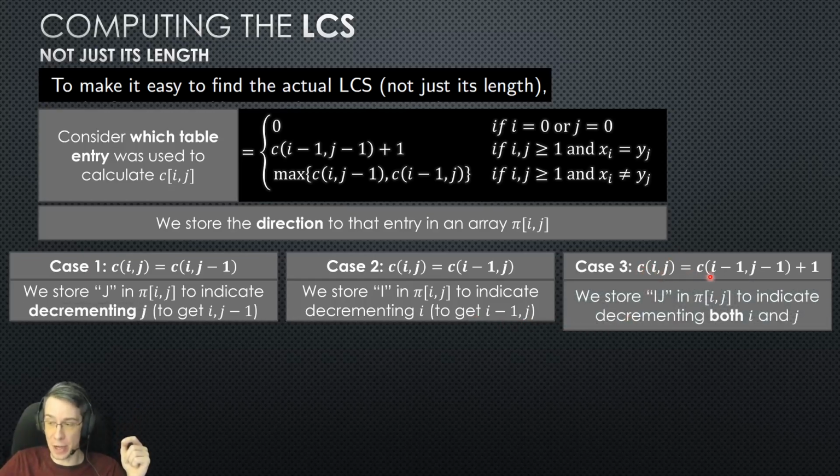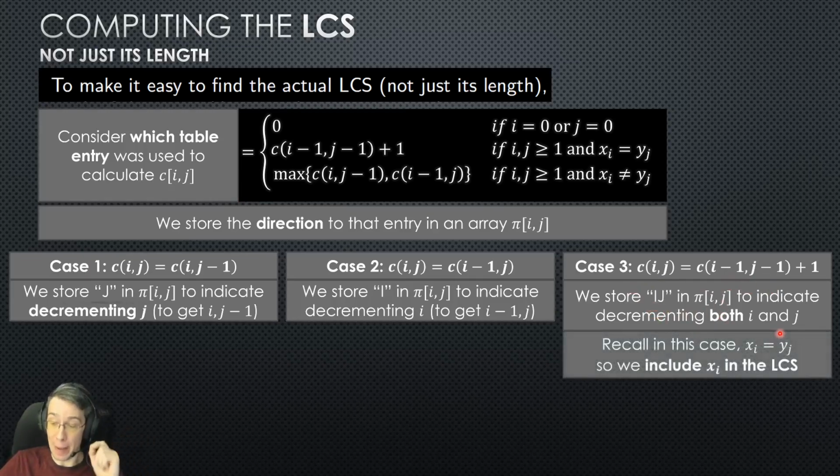And then for the third case, we're coming from C[i-1,j-1]. So we're going to store the string ij, which is just going to tell our backtracing procedure that we want to decrement both i and j to reach the entry that was used to calculate C[i,j]. And remember, in this case, where we're adding 1, that's this case up here in the recurrence, xi is equal to yj.